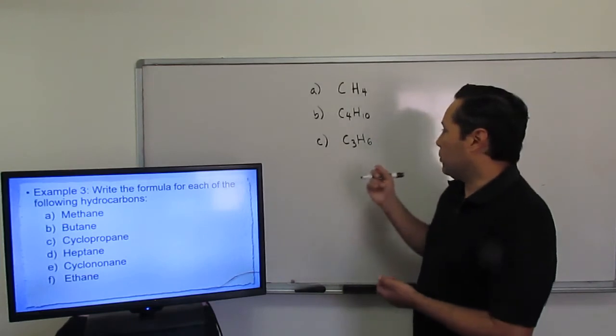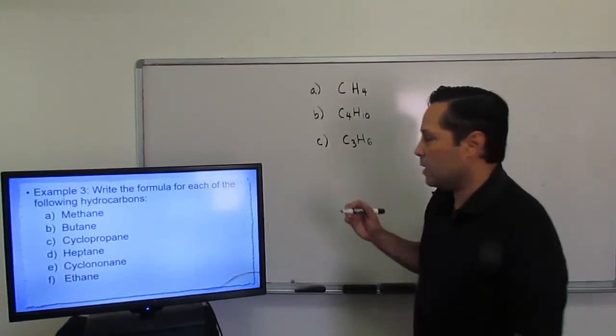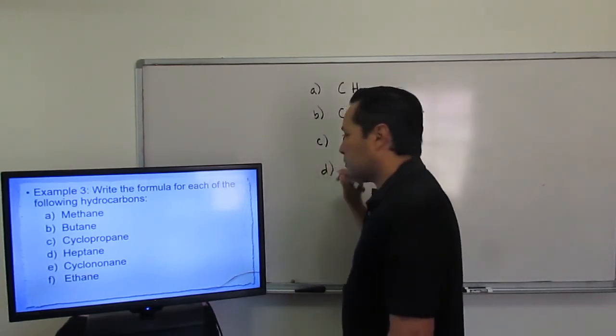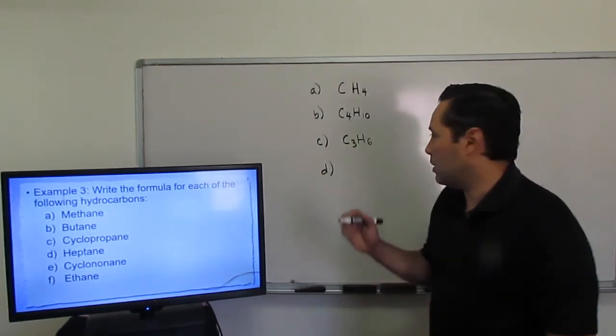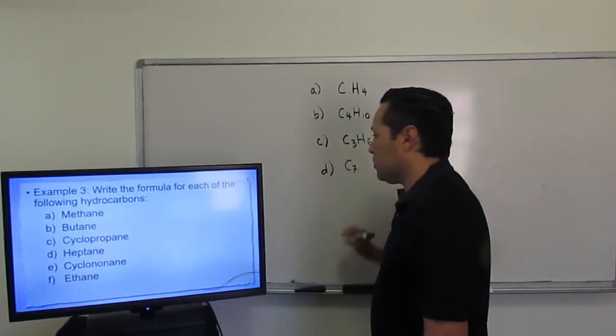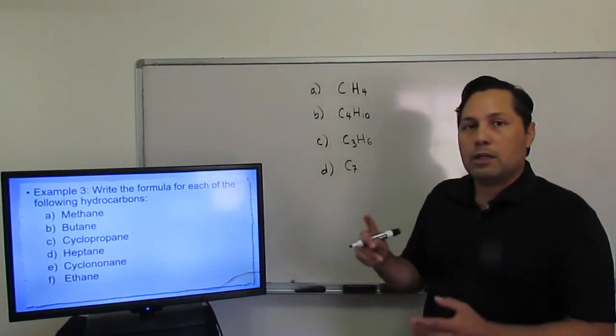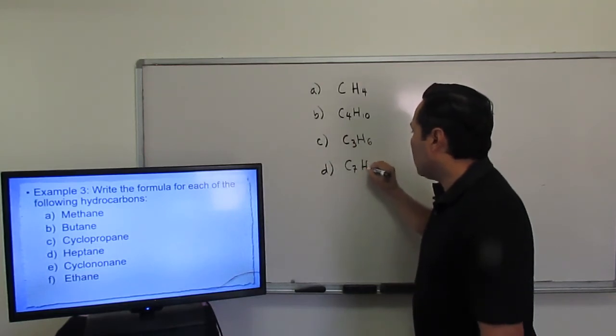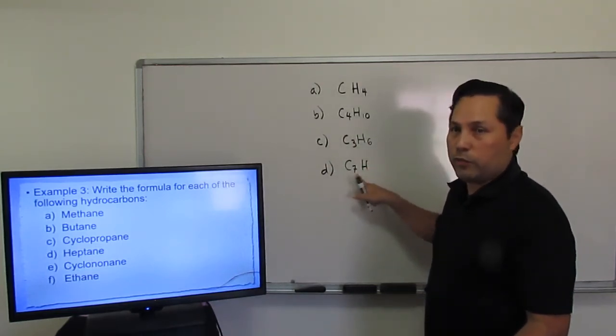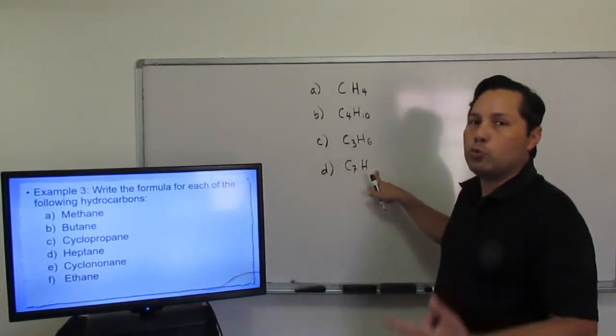That's it. C3H6, that's the answer for letter C. Letter D, heptane. Hep meaning 7, so I have 7 carbons, and there's no cyclo in front of it, so I'm going to double the carbons. Double 7 is 14, and then I'm going to add 2 more on top of that.